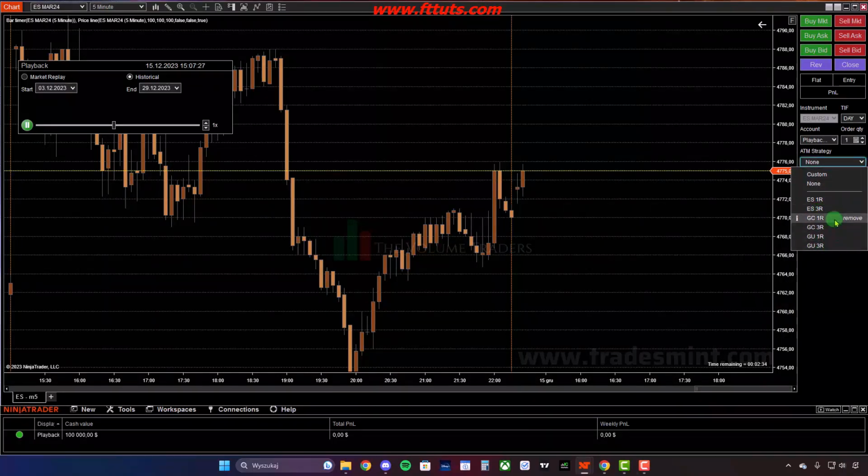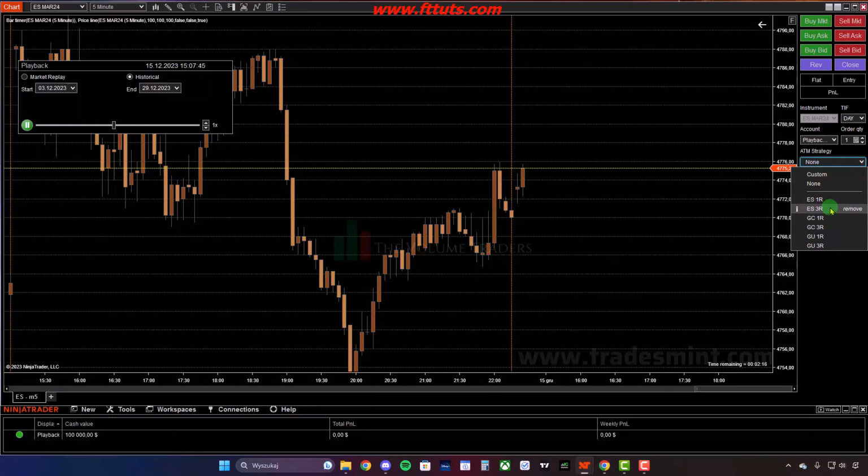I made some strategies, so it means that when I execute a trade, I have already set my SL and TP. It's just to make my life easier.